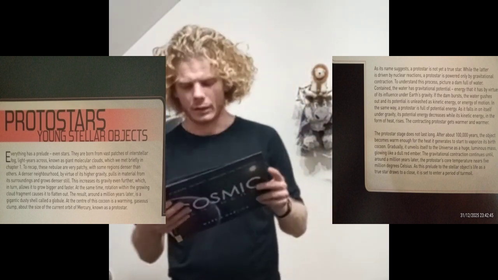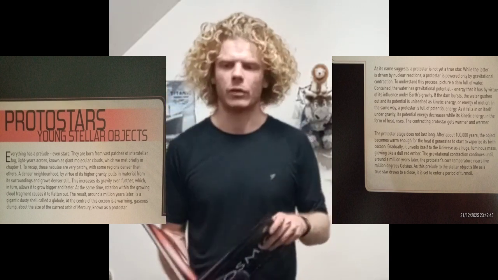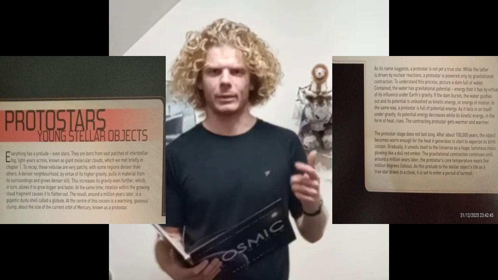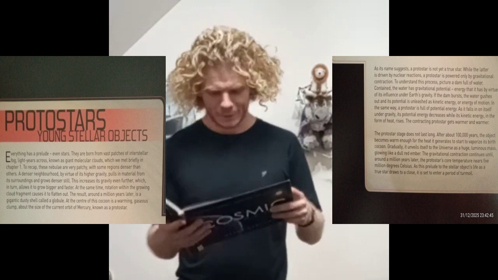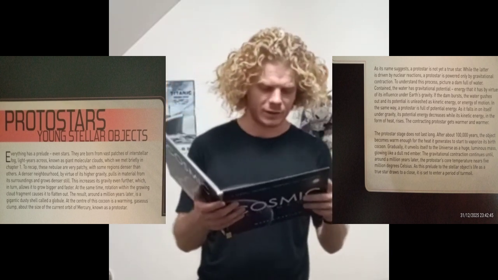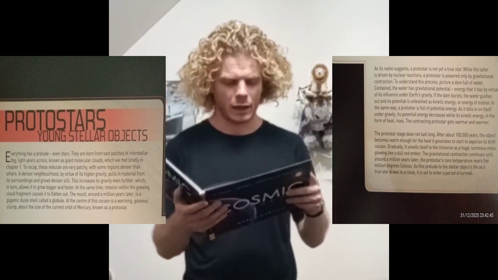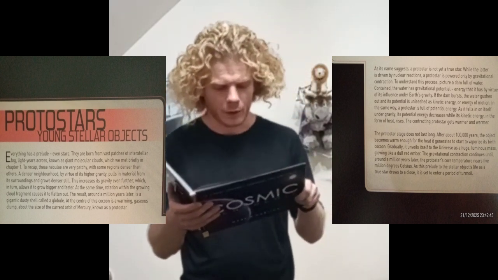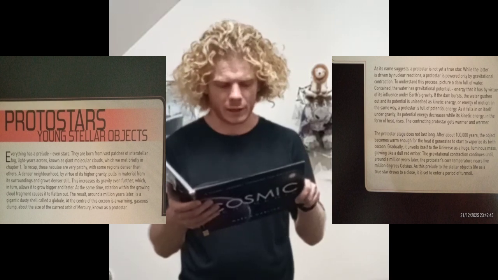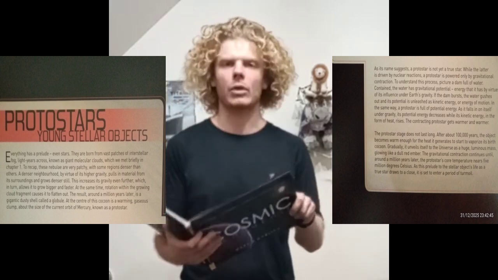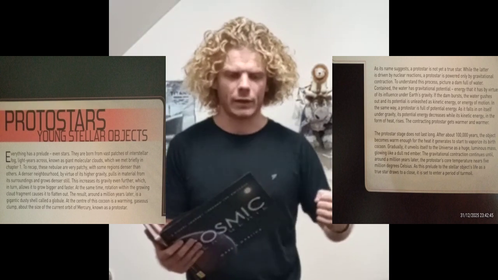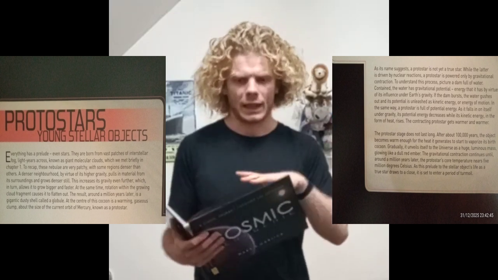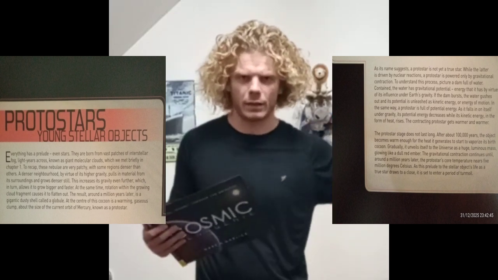While the latter is driven by nuclear reactions, so a star has nuclear reactions in it, a protostar is powered only by gravitational contraction. Okay, the protostar is contracting altogether, and for some reason that makes it turn somehow. And it has a lot of gas there, and the thing is very, very big, much bigger than a star.